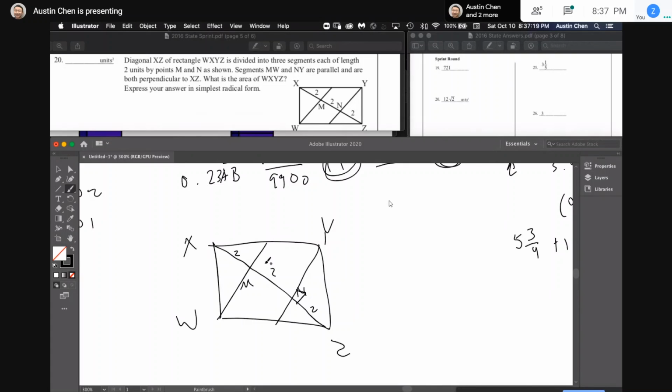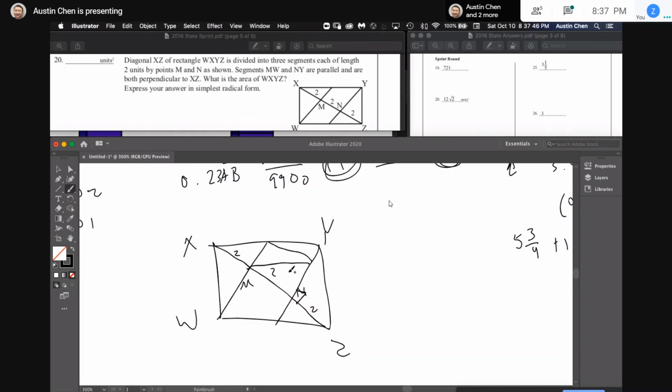What if we tried making this triangle, but this line is parallel to this line. We can also divide this into two right triangles.